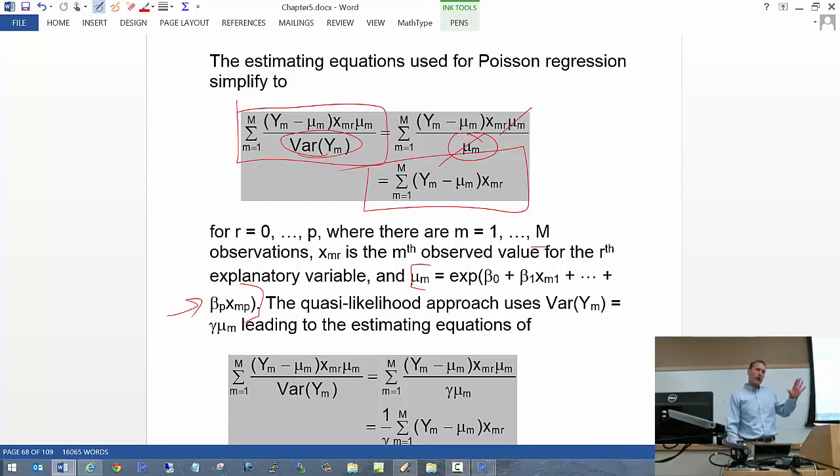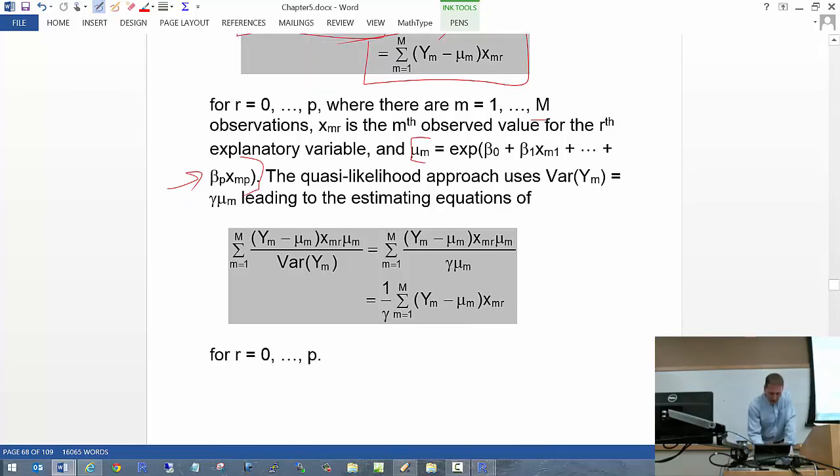So then with Wedderburn's idea, he says, okay, well, why don't we just start with this here? But we make one change. In particular, we change this variance of y to be gamma of mu instead. So then things simplify a little bit.